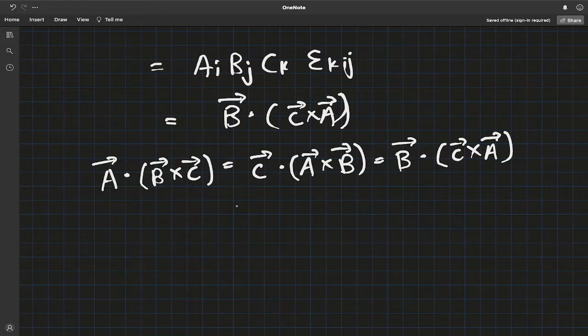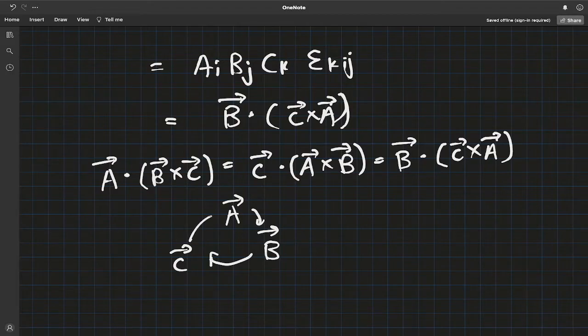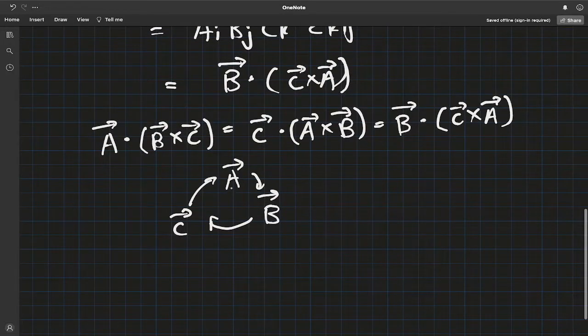And you see A, B, C obey this certain cyclical order here. So ABC, they're going this way. CAB, they're still going in the direction of the arrows. BCA, still going in the direction of the arrows, because if we were to reverse the direction, we would have a negative here.